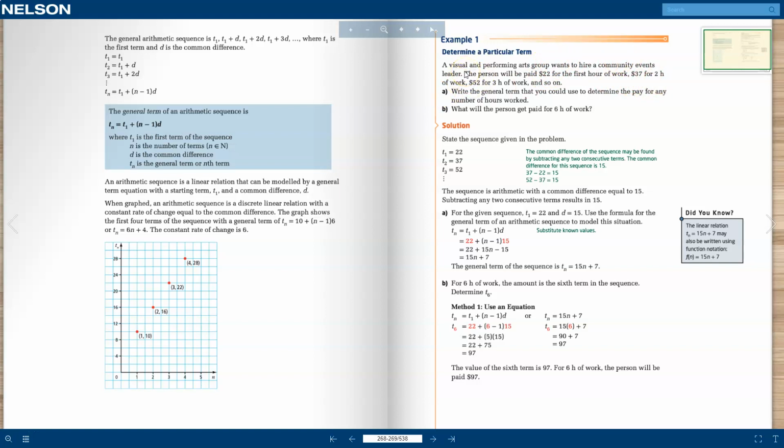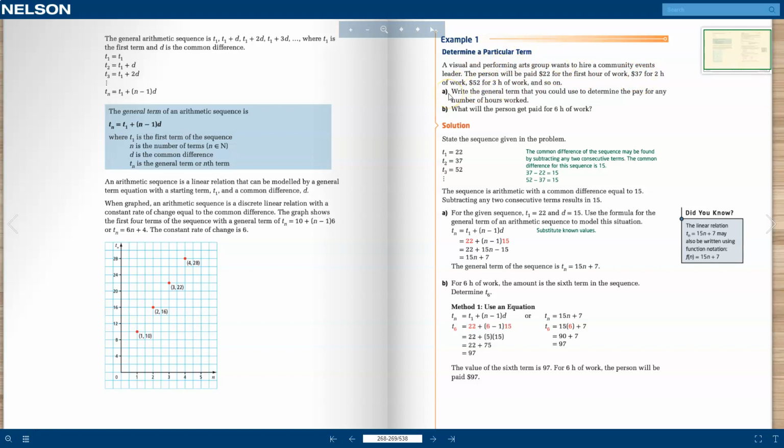I know it's arithmetic because we can calculate the common difference: 37 minus 22 is 15. So 15 more to get to 37, and we can check that: 37 plus 15 gives you 52.